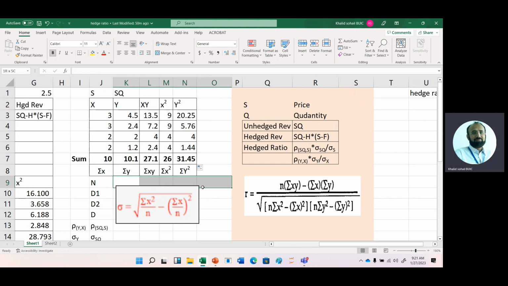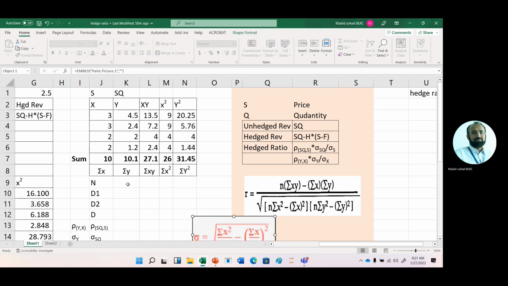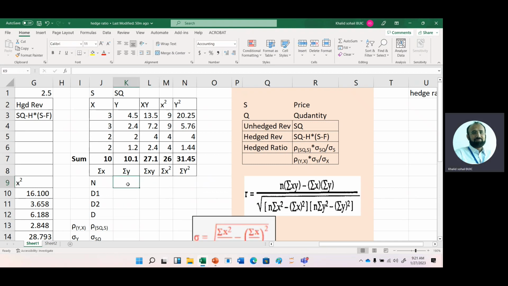Now, first we calculate the numerator. In the numerator, we have n summation xy, 4 multiplied by this xy, minus summation x multiplied by summation y. So it is our numerator. Then for the denominator, first we calculate this one, and then the second one, with summation y square.